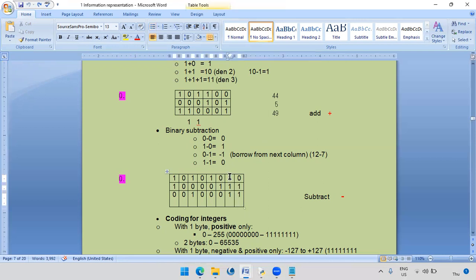1, 0 minus 1 is 1. Then how much is here? It's 0 there. So 0 minus 1, again you have to borrow. Since there is no 1 here, you have to borrow 1 from there. So when you borrow 1 from here, this becomes 1, 0. This becomes 0 and this becomes 1, 0. Then from here, you borrow 1 to this place, it becomes 1, 0, and this becomes 1. 1, 0 minus 1 is 1, same as this.